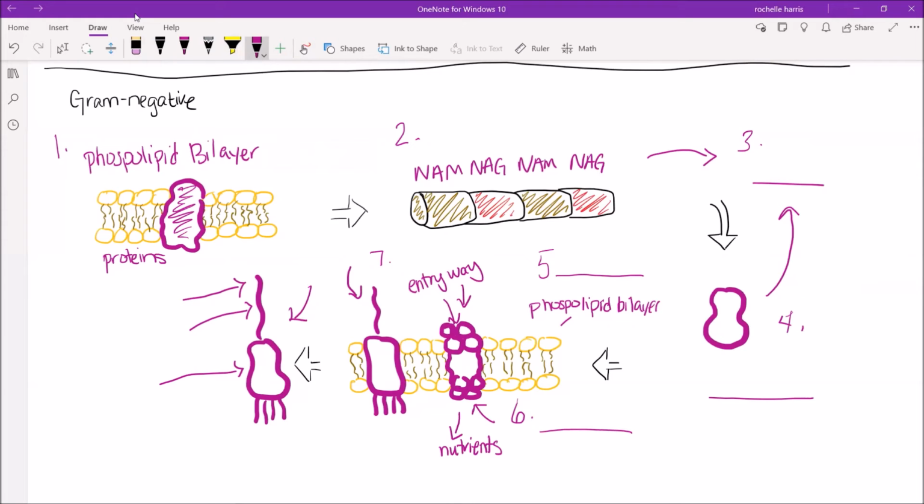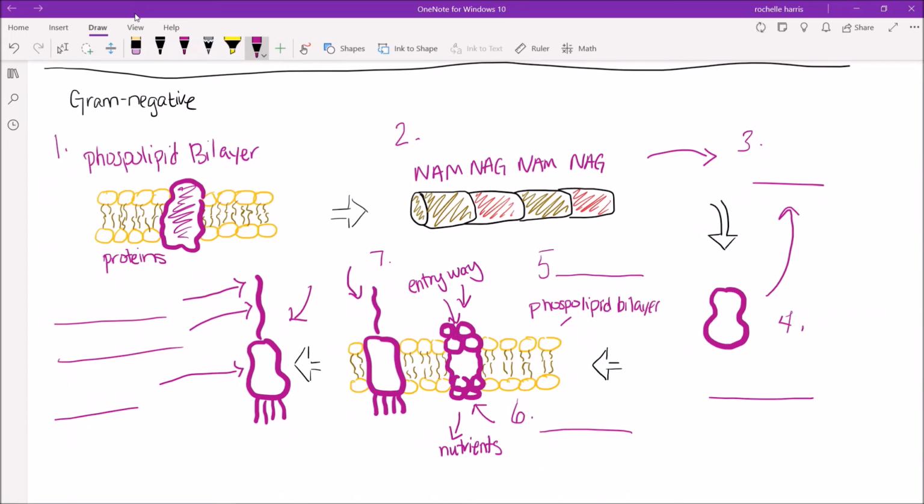It has an entryway where nutrients can go from outside the cell to inside the cell. And then we have another structure that's a part of the gram-negative, number 7. You tell me what this structure is, and then break this structure down. Tell me what the name of each part of the structure is.